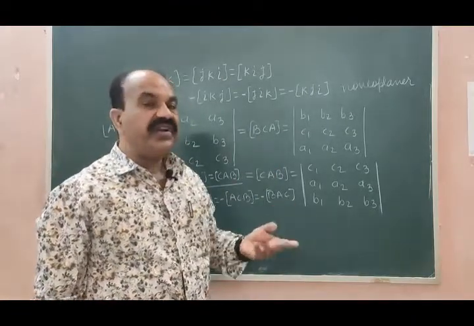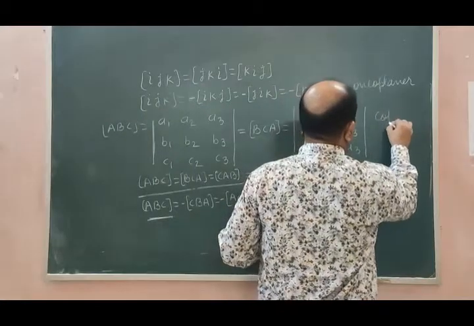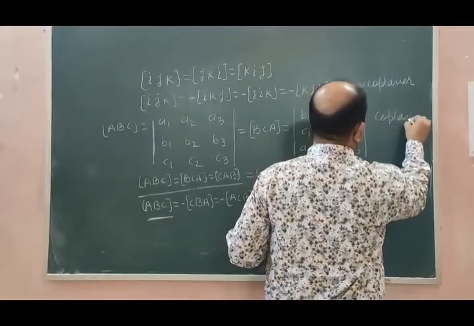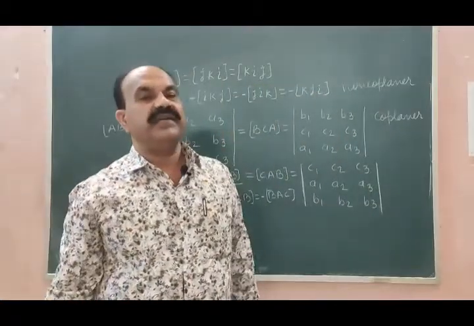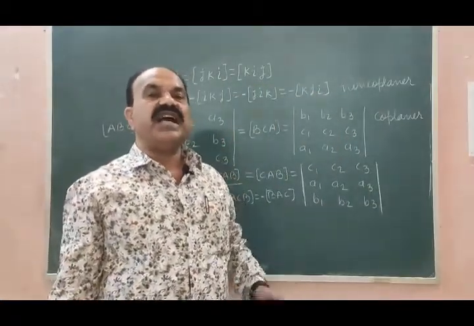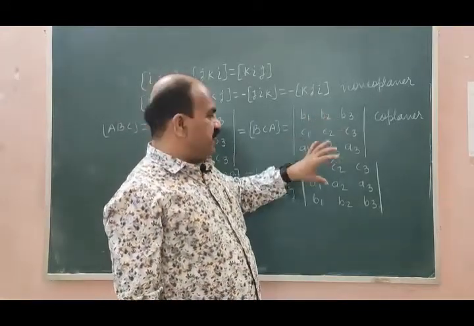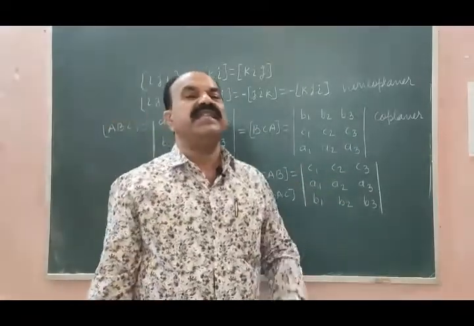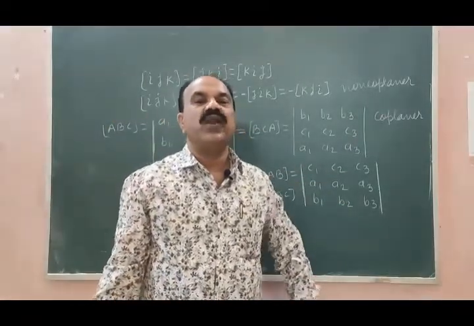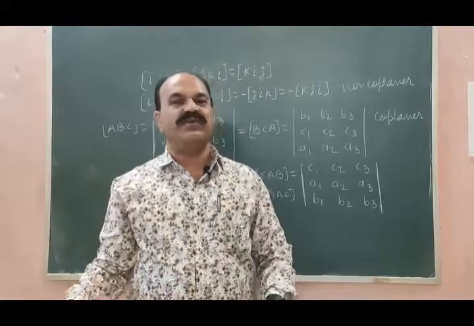If the concurrent edges A, B, C are coplanar, lying in the same plane, then this box product will be 0. It means that the parallelopiped will not survive. There won't be any parallelopiped.